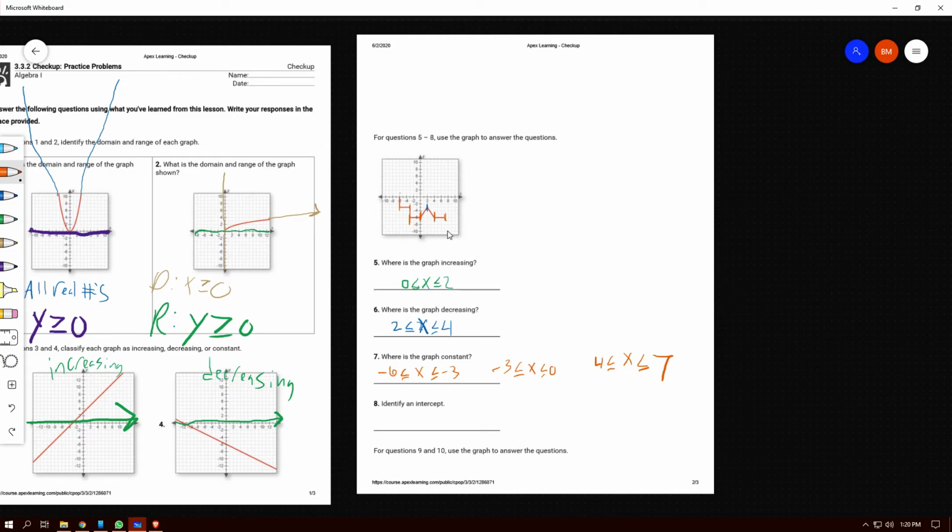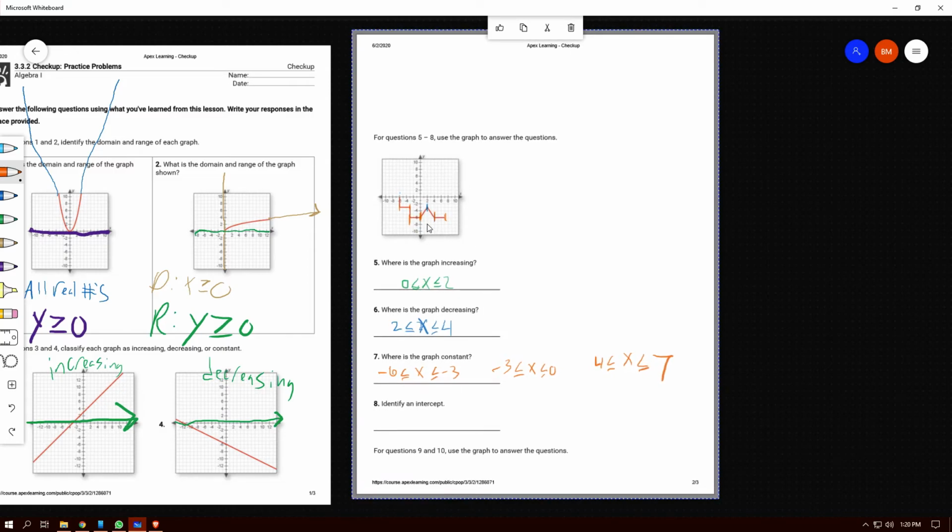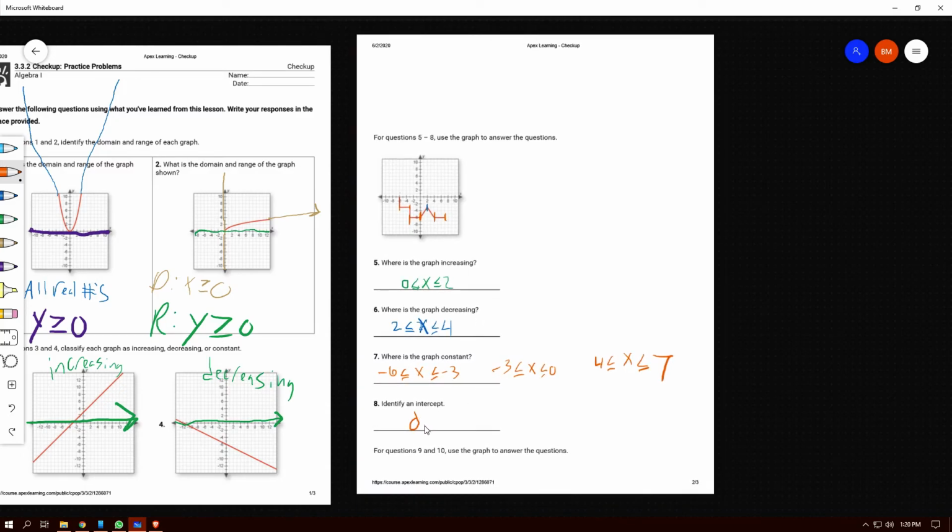All right, so what I see is a point right there. Oh, I guess I can't see it too well. It looks to me like it's crossing at 0, -6. All right, so it crosses the y-axis at -6.